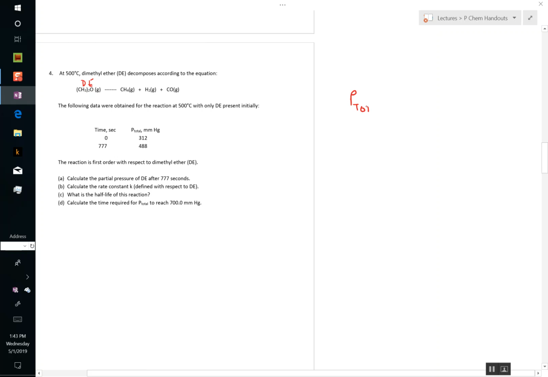Total pressure. We're going to have the pressure of the dimethyl ether, the methane, the hydrogen, and the carbon monoxide. At time 0, the total pressure is 312 millimeters of mercury.